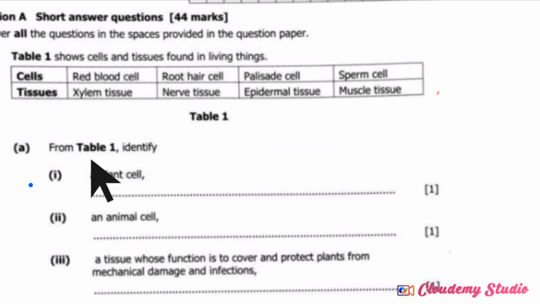So before we go to the identifying, cells, red blood cell, we know blood, meaning in animals, root hair cell, just this word root, already it can tell us that this is a plant cell. Then palisade cell, already this tells us it is a plant cell. Sperm cell, we already know sperms are mainly found in human beings, not in plants. So already sperm cell, animals.